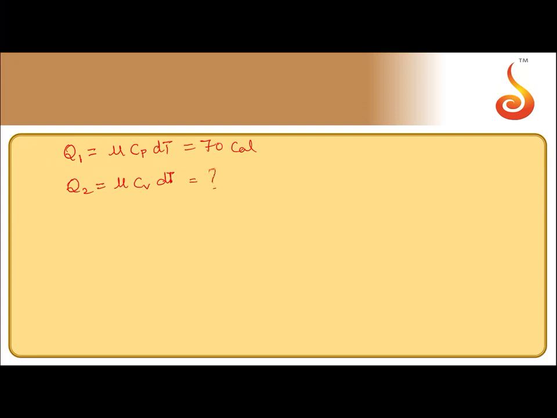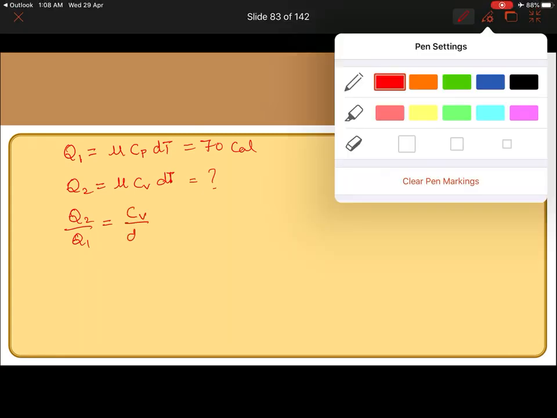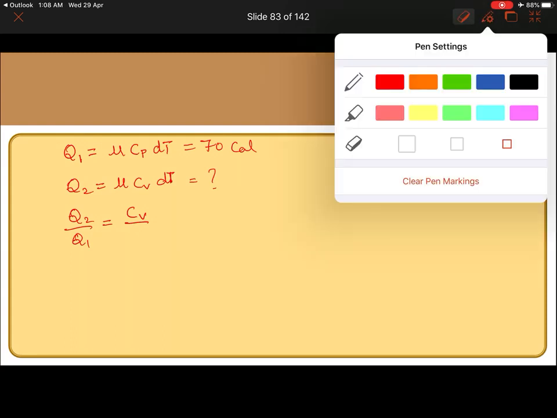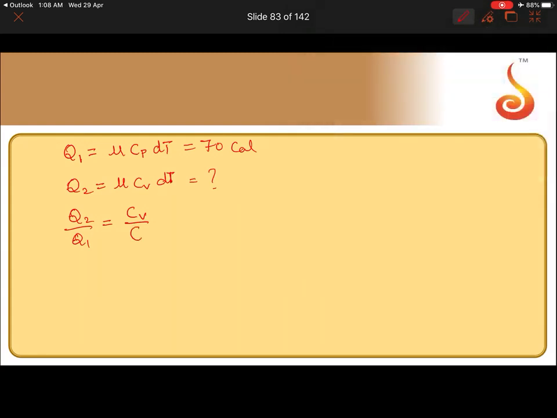So, Q2 by Q1 is equal to Cv by Cp. Or Q2 is equal to Cv by Cp into Q1.